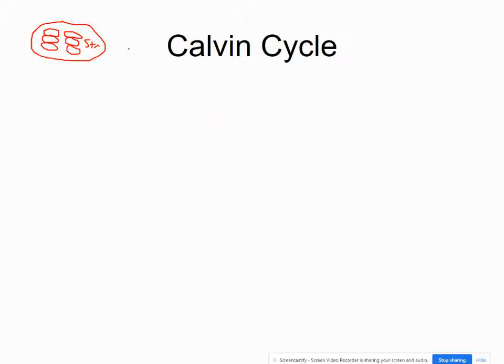Okay, so the first thing that's going to happen is we're going to have our leaf, maybe, and inside that leaf, that beautiful guard cell we looked at to start the lecture yesterday will open up. CO2 is going to be allowed to come in, and that CO2 is going to be grabbed by Rubisco and attached to that molecule we just talked about, ribulose biphosphate.